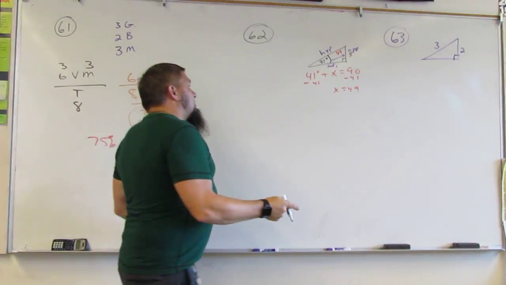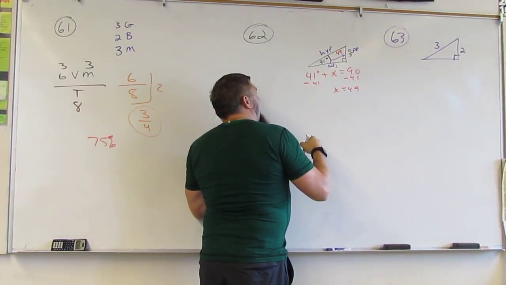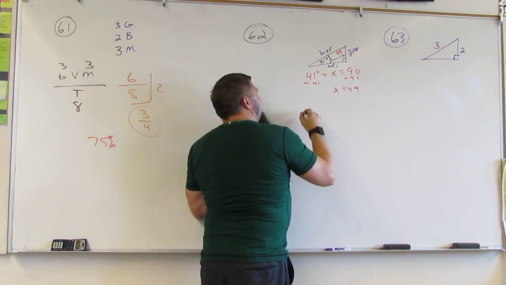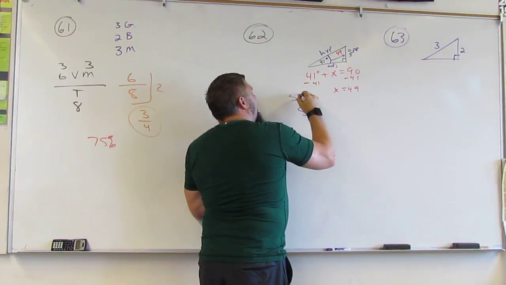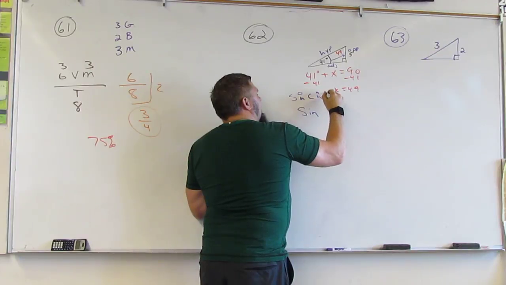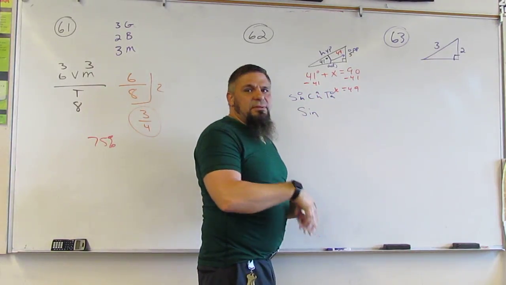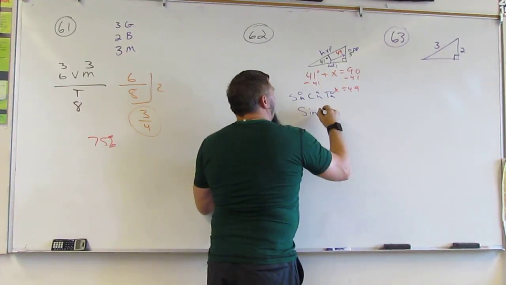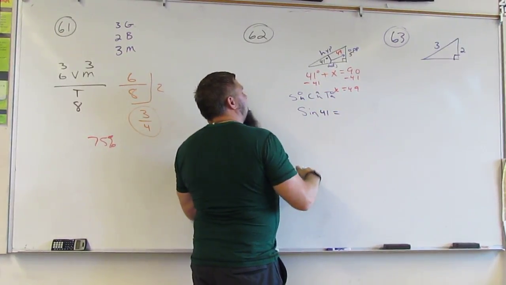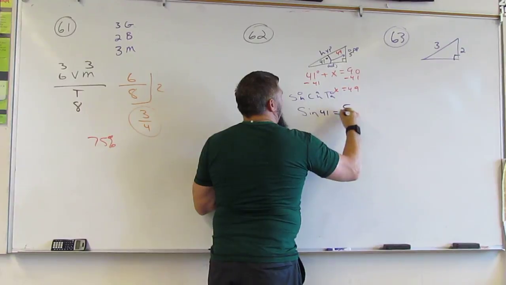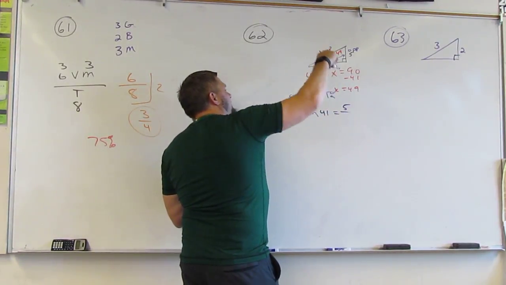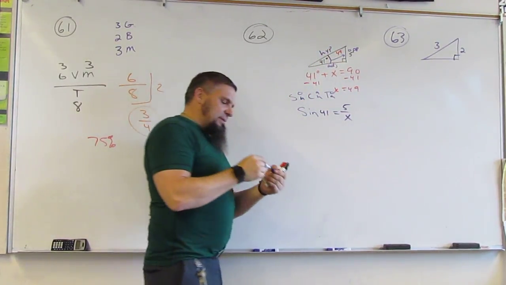If I want to find the hypotenuse, which is sine, SOH CAH TOA, right? Then the sine of 41 is equal to opposite 5 over hypotenuse x.